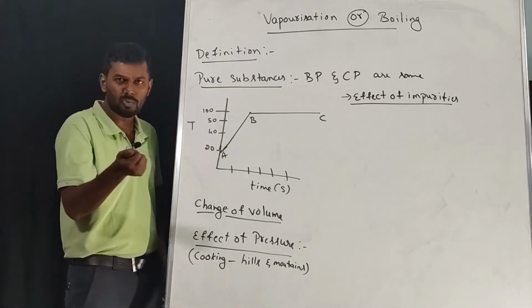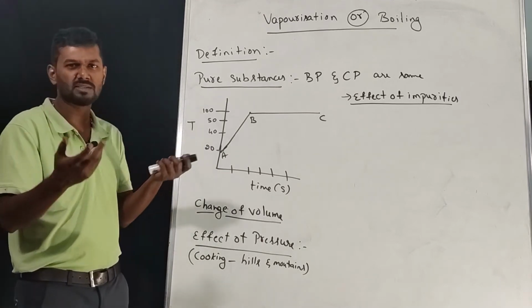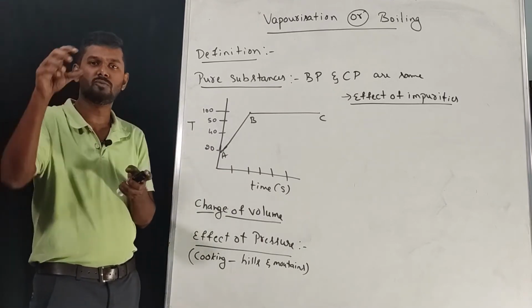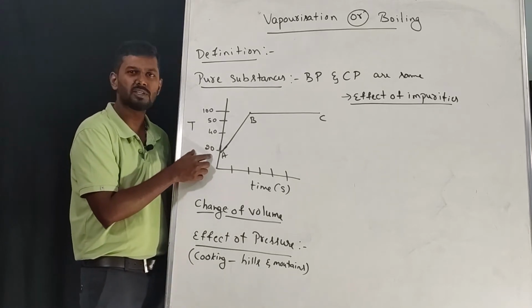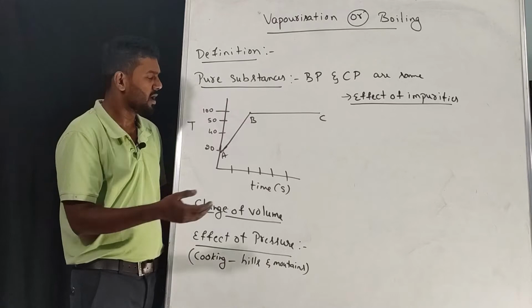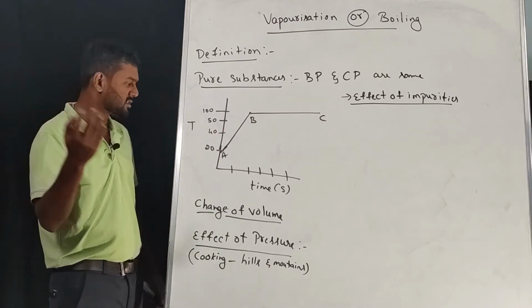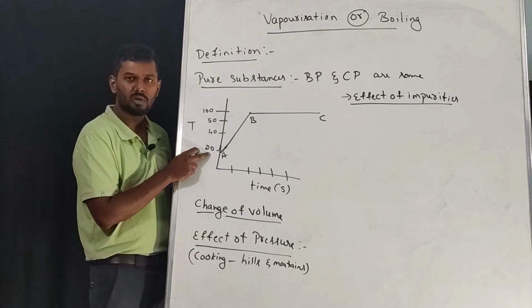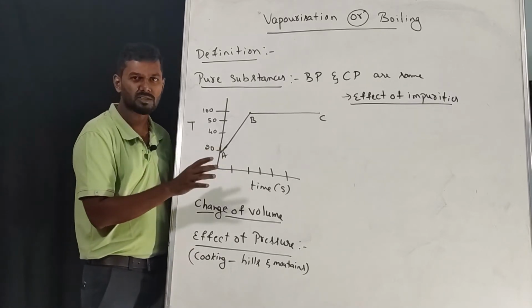Listen. At room temperature, assume you take a flask, any flask or any material, and pour some water in it. Assume the room temperature is 20; sometimes it may be 25 and sometimes 30, depending on different places. Assume the room temperature is 20 degrees Celsius, so the water is at 20 degrees Celsius.